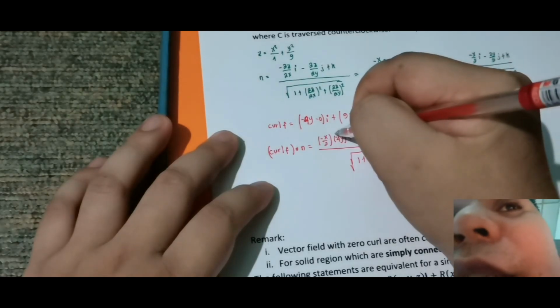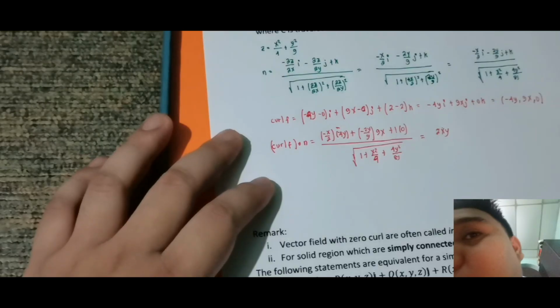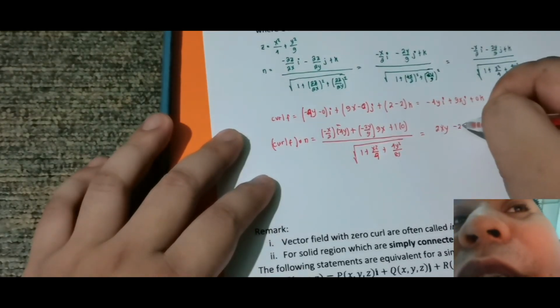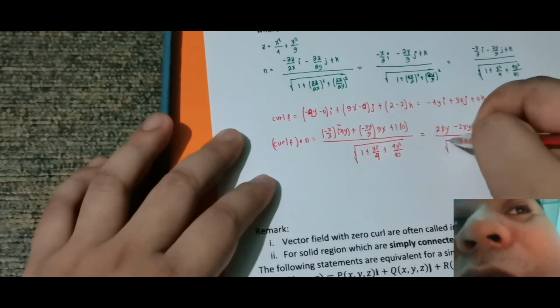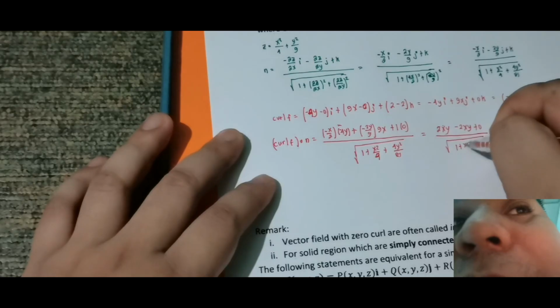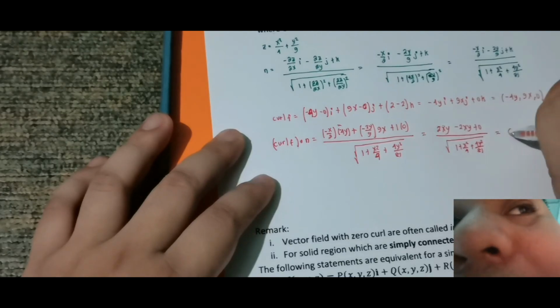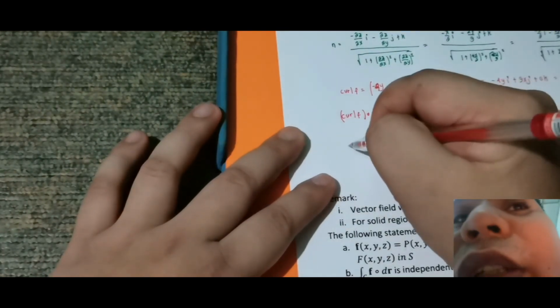Then negative 2y over 9 times 9x, that is simply minus 2xy. Then plus 0, all over 1 plus x squared over 4 plus 4y squared over 81. This is simply just 0, kasi 2xy minus 2xy is just 0. So meaning lumalabas na by Stokes theorem rather.